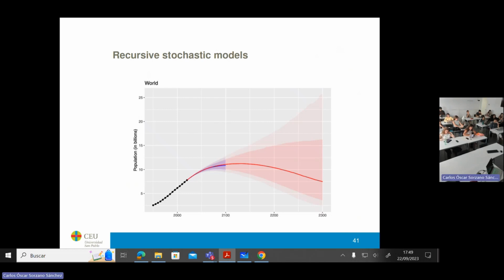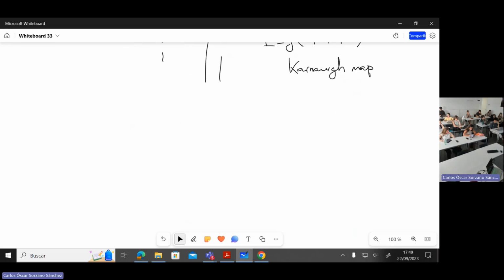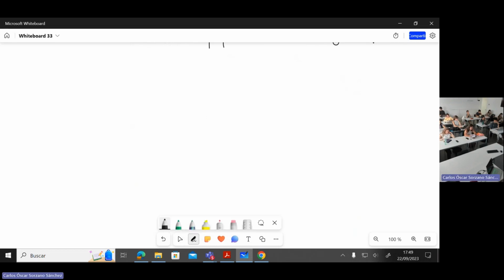Have you heard of interpolation? Interpolation you have heard of for sure. In image processing, we have done interpolation. And extrapolation, have you heard of extrapolation? No? Okay, so let's say that you have a function.